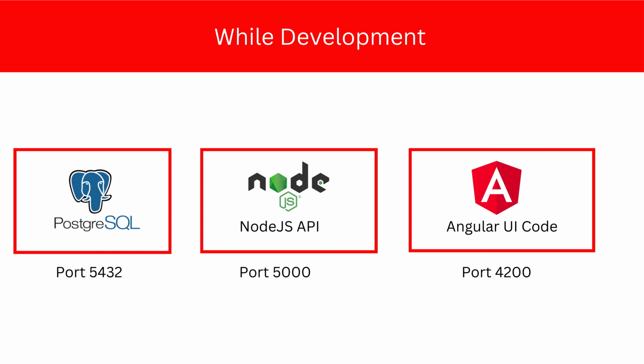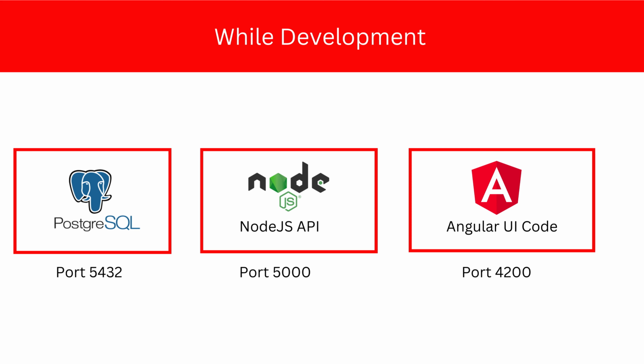And even in the Node.js API, you can change the port. I just put an example, 5000 here, but you can change it as well. That way, every service runs on its own port. That way, it is faster and easier for you to develop, especially at the beginning stage of development.